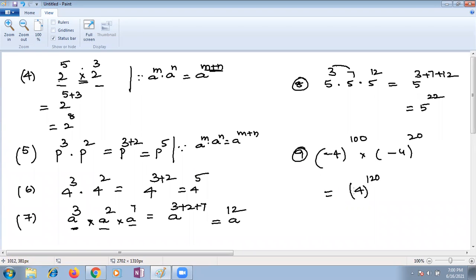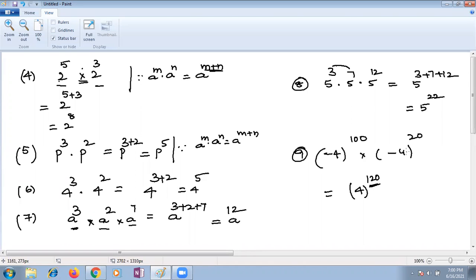Yes, ma'am. While multiplying, you have to compare the signs, ma'am. Here, minus of minus is plus. Or else, based on the exponent being even or odd, you can explain for them. Srusti, why is she taking positive here?